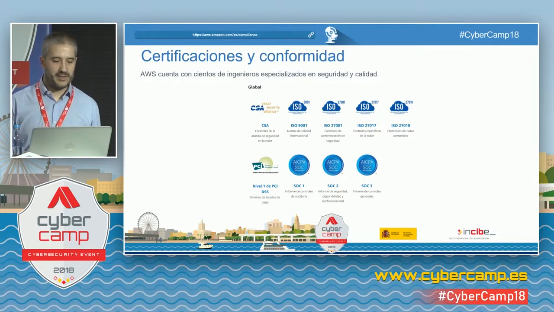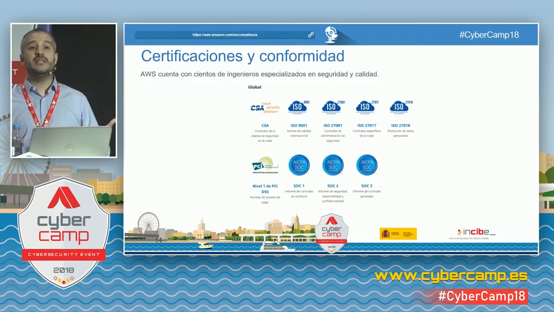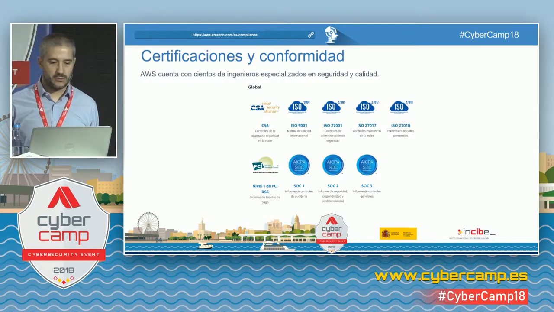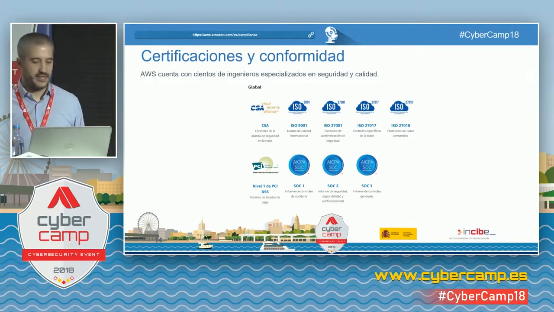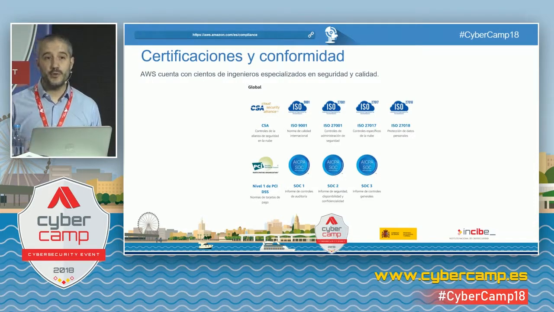So certifications and conformity, how does that work? In Amazon, there's a very large team of people, experts in security, who guarantee that all of that complies with laws and regulations and requirements. So when we have a project that we want to run on Amazon, then it needs to comply with a number of different certifications, and Amazon has a list for those.